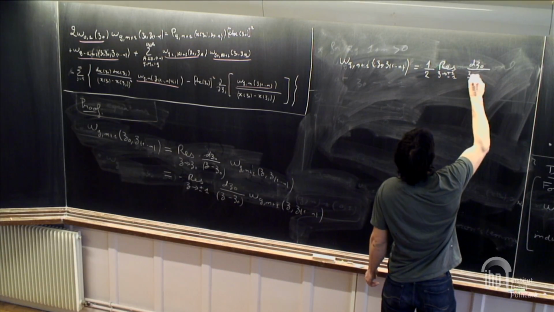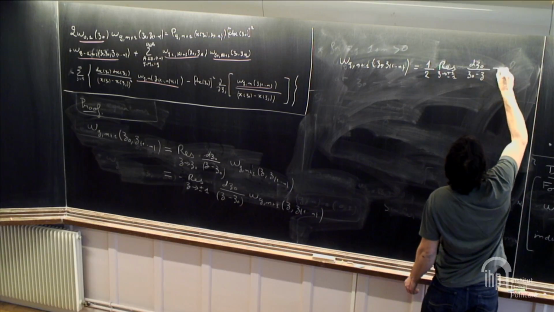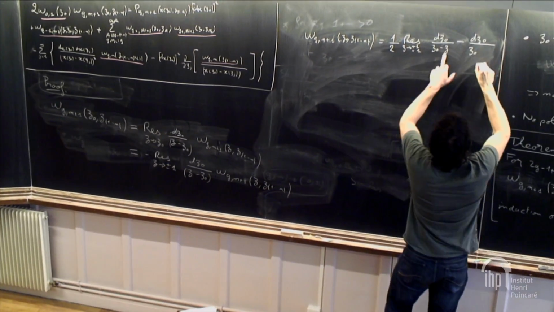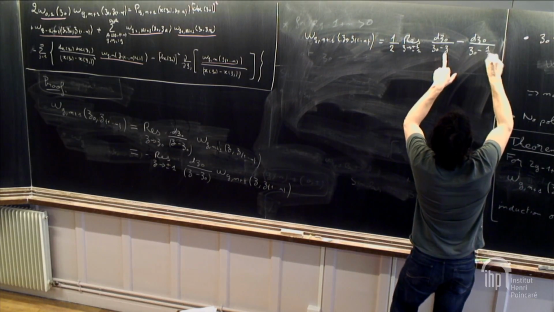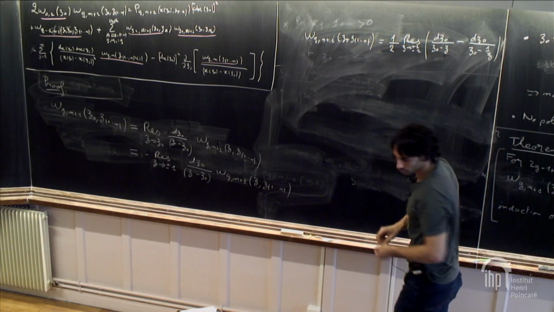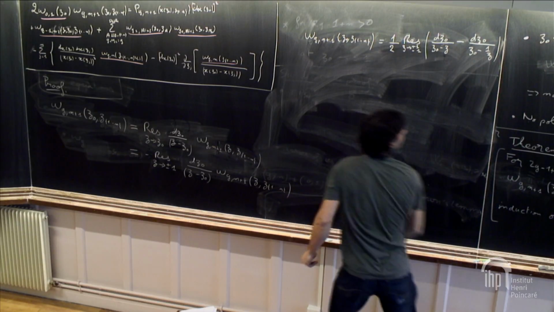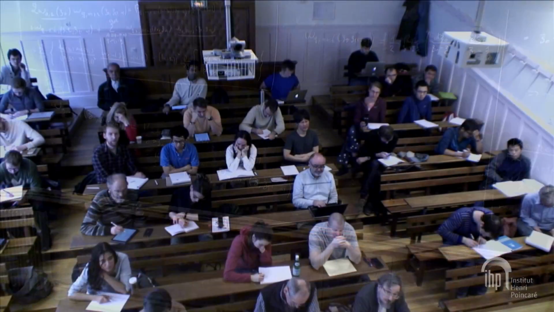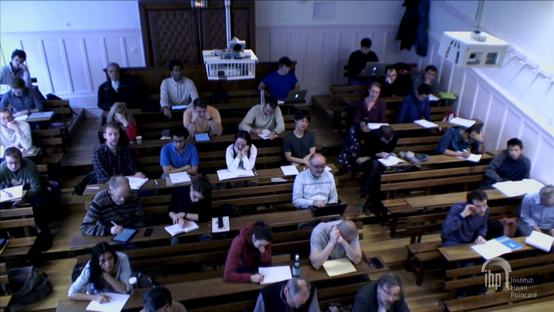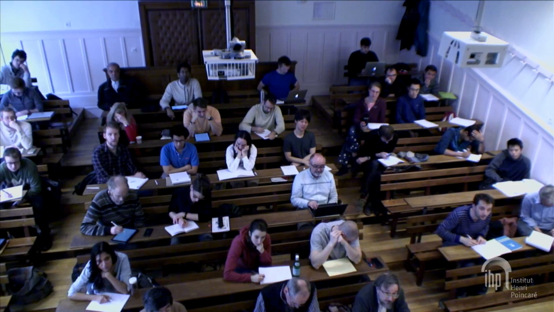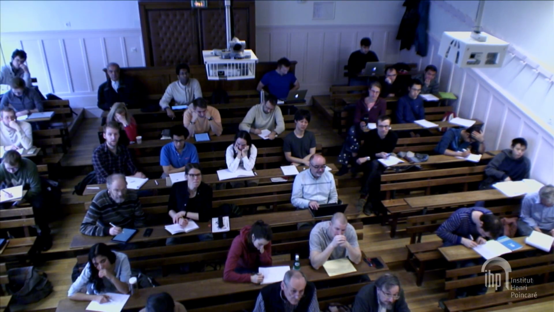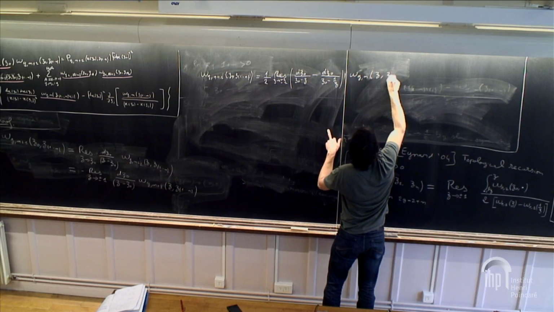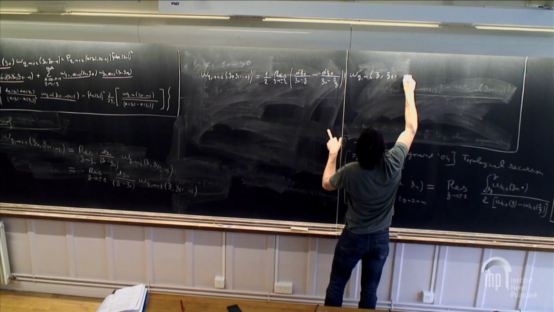It takes the form z0 minus z, minus the one where I change z to 1 over z, multiplied by omega g n of z, z1 to 1.